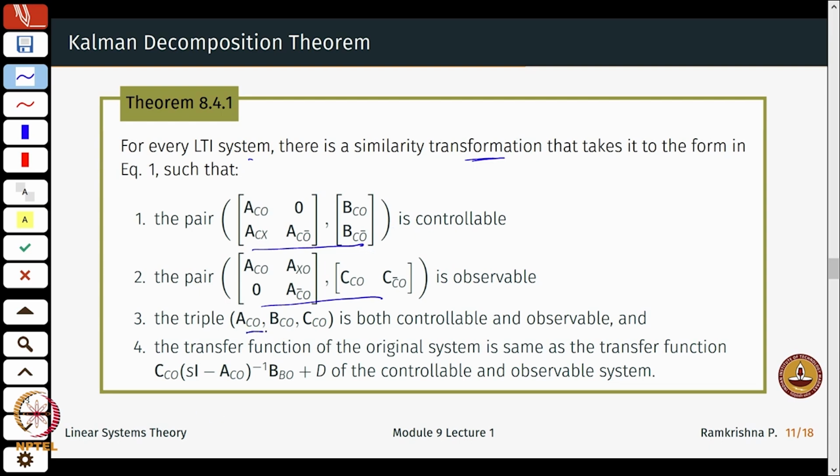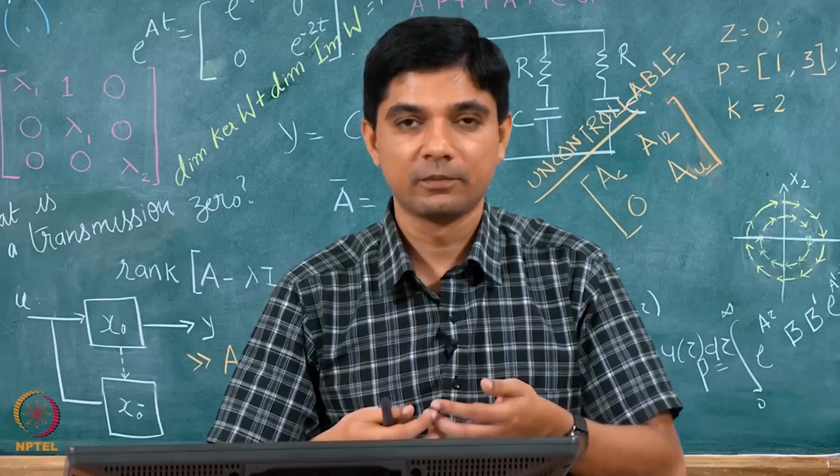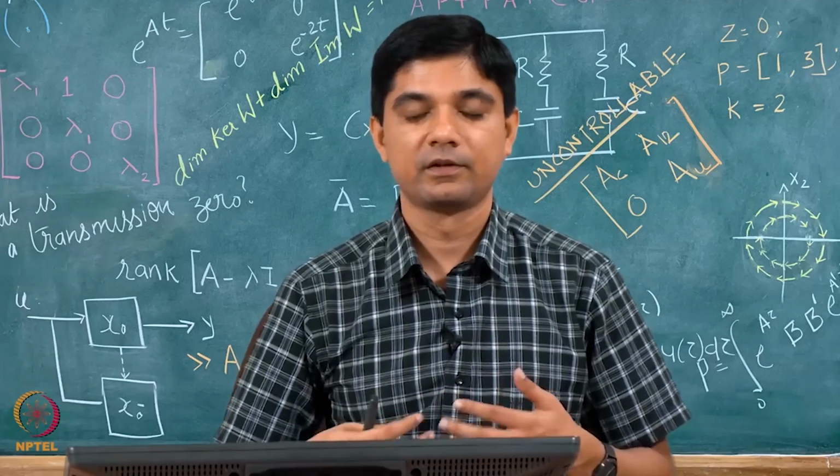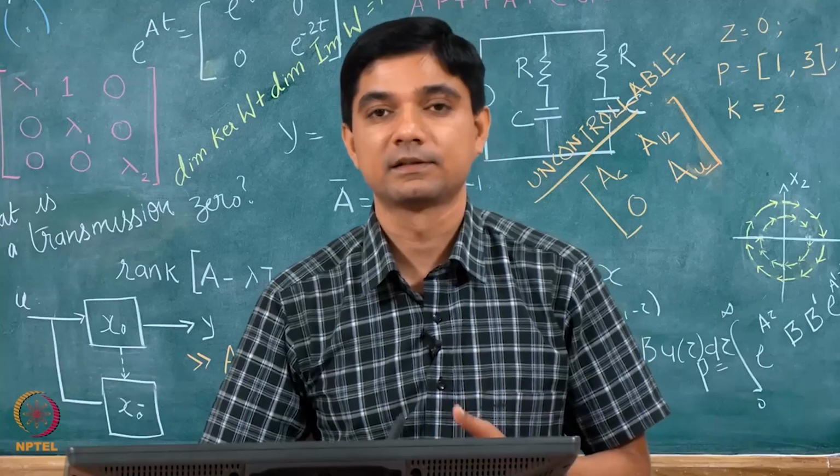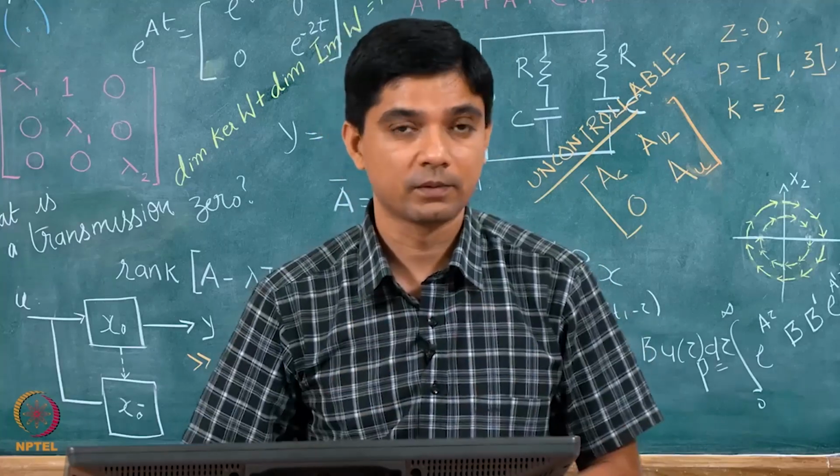The triple A c naught, B c naught, C c naught is both controllable and observable, and the transfer function of the original system is the same as the transfer function of this one, right, of both the controllable and observable system. So, when we did the controllable decomposition, we proved that the transfer function is the transfer function of only the controllable part.